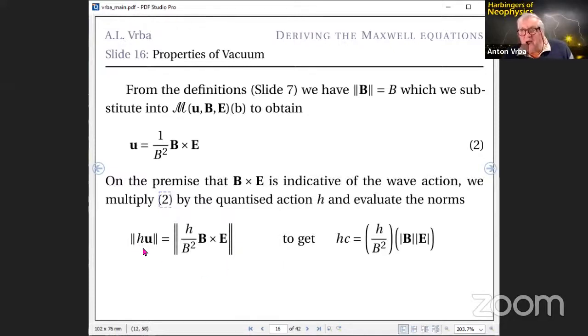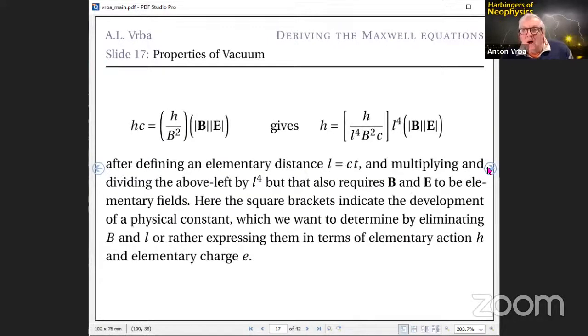But anyway, we multiply this then by H, and we look at the norms of it, so that we get H equals H over B squared, and the product BE. I then bring in an additional step, and that is multiplying it by an elementary distance, where the elementary distance is c times t, and basically multiplying and dividing it here.